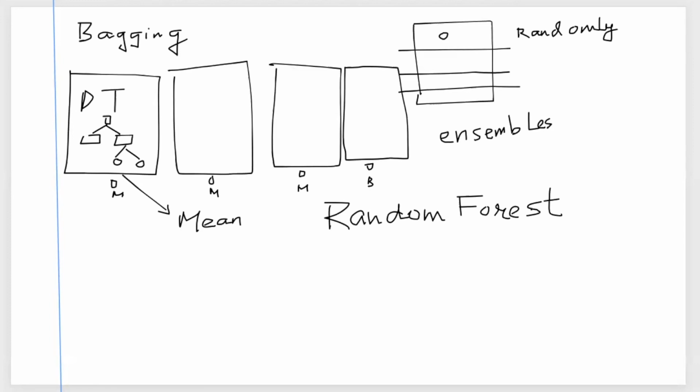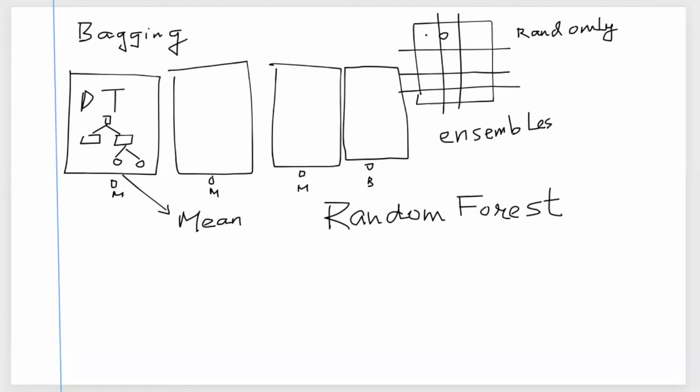Now look at bagging. What we did was we took chunks of data from our data set and created multiple models for them. In random forest, we also break the data vertically. That means I will take at random some number of columns.